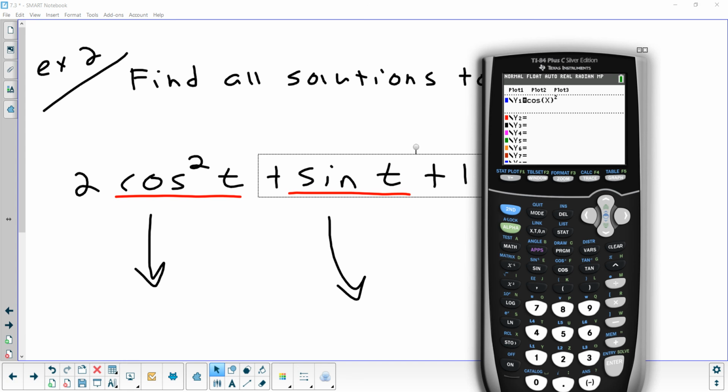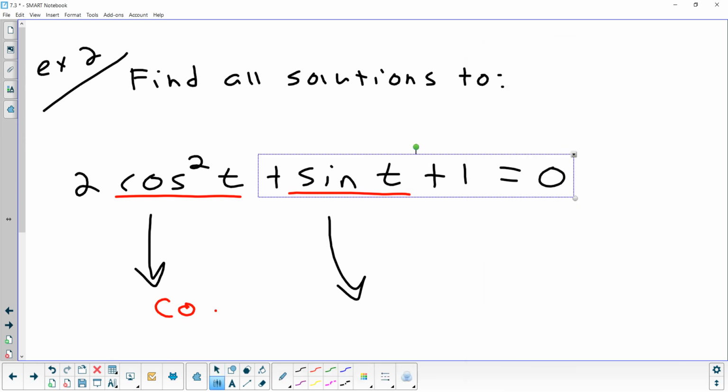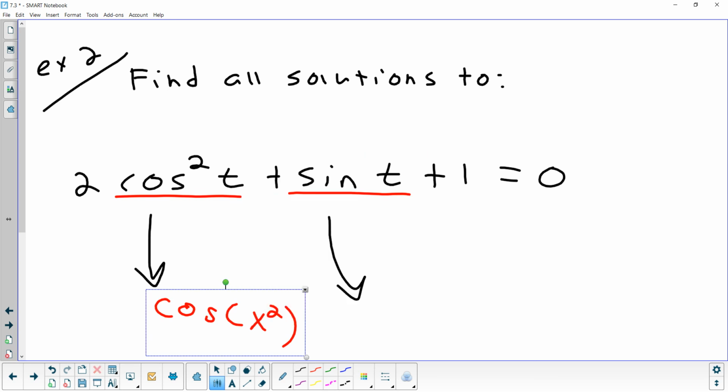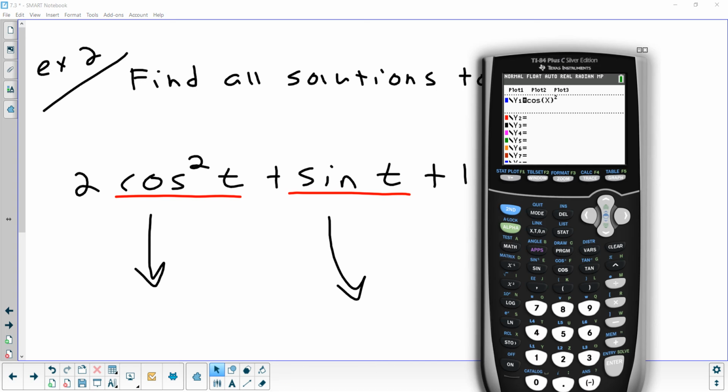Very important you close that parenthesis and make sure the 2 is on the outside. If you type it in like this, you're not doing cosine squared. You're squaring the argument and then taking the cosine. That's not what you want here. Okay. Any question on how I type that in?